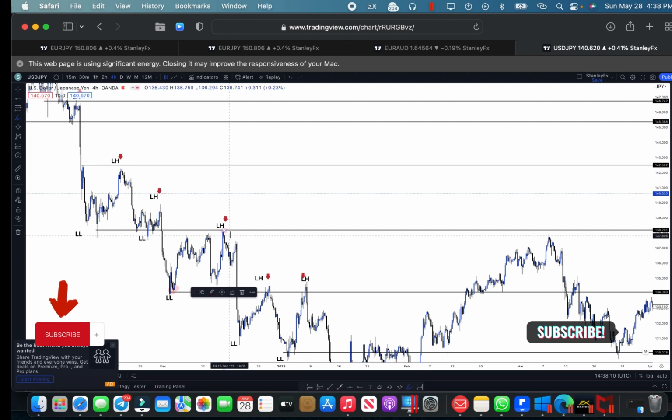Resistance. So if I was to make an entry from this particular point, and also referring back to my previous video on support and resistance, where we talked about how you can put your stop loss and your TP, I can use this level.